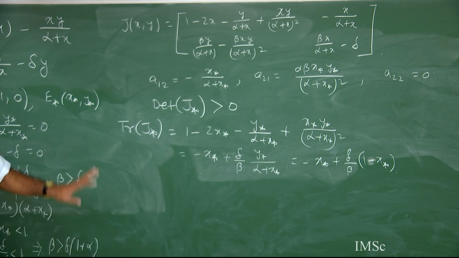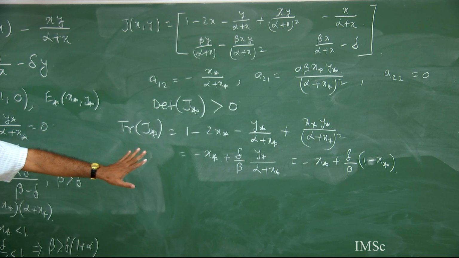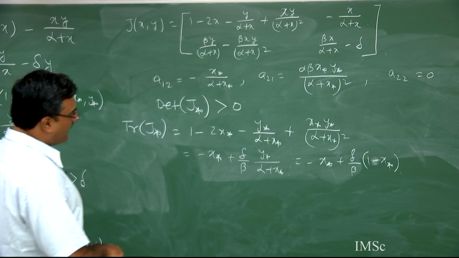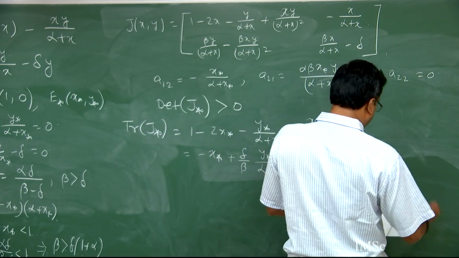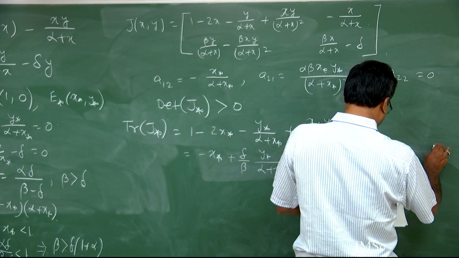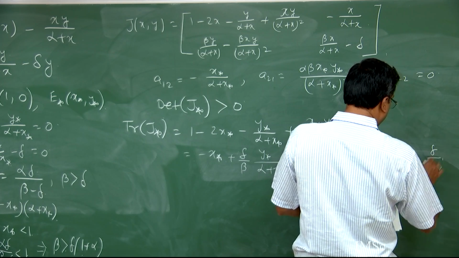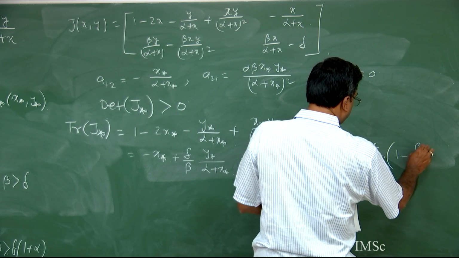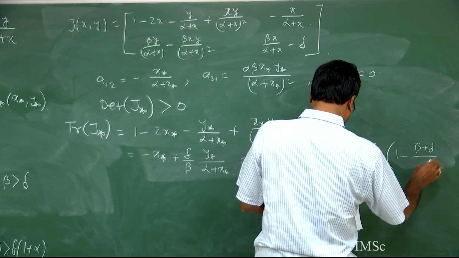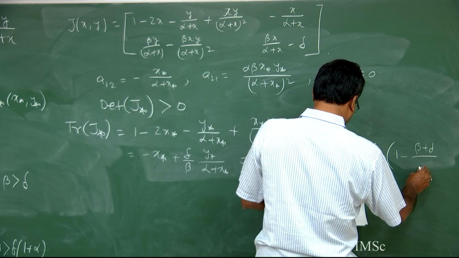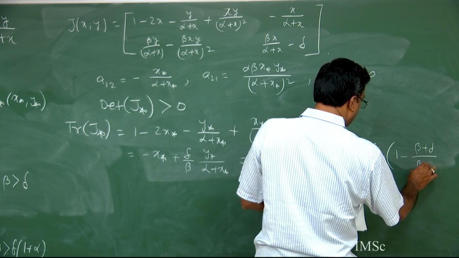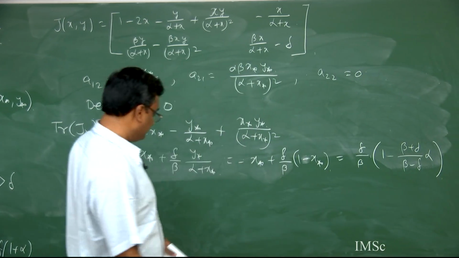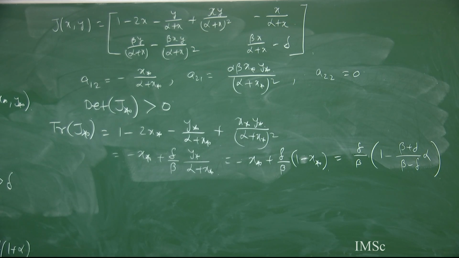right. And in this expression if you substitute the expressions for x star, I will not be taking much time, but I can just directly write down this expression. This will be delta by beta times 1 minus beta plus delta divided by beta minus delta, this multiplied with alpha, right.